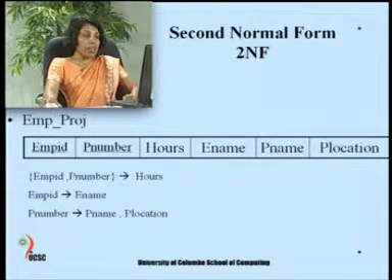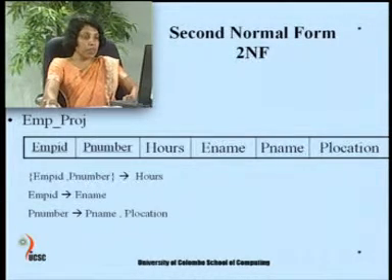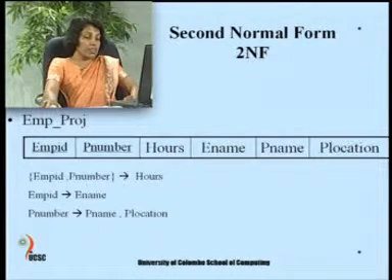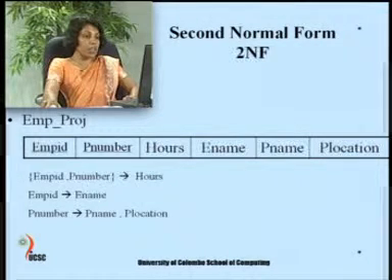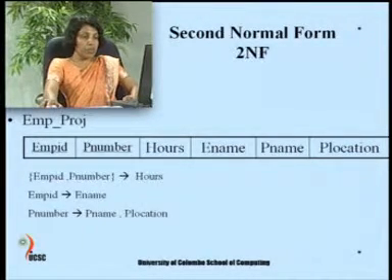That is, employee ID and project number will together determine the number of hours that an employee is working for a particular project. And then there exists a functional dependency between employee ID and employee name. And there exists another functional dependency, that is project number would be the determinant of project name and project location.